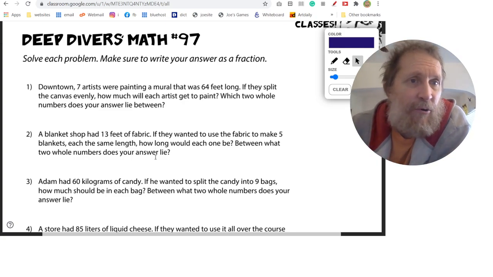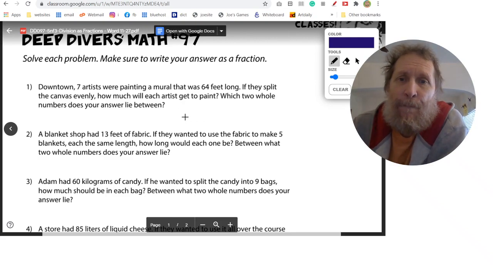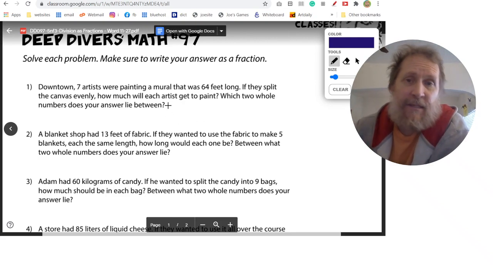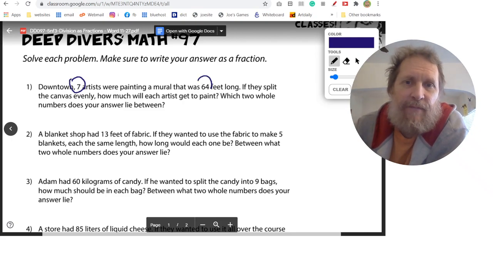And these I don't think are going to be as challenging or difficult as the ones on the previous sheets, as long as you understand how to do them. So what we're going to want to do on this is remember that fractions are division problems.